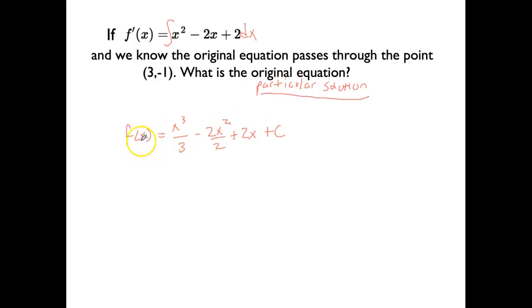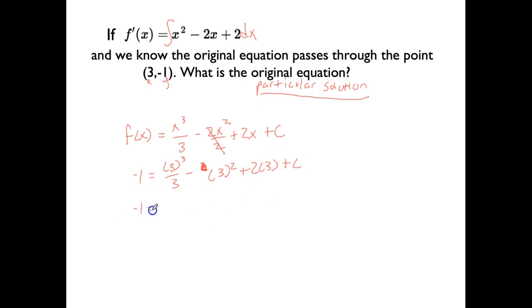Particular solution means that we should have the y and the x in order to find c, which here's my x, here's my y. So negative 1 equals 3 cubed over 3 minus 2, and these 2's cancel, right? So how about I just ignore that and say 3 squared plus 2 times 3 plus c. And just solve for c.